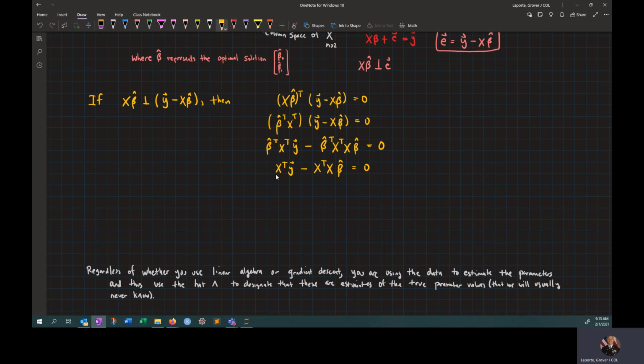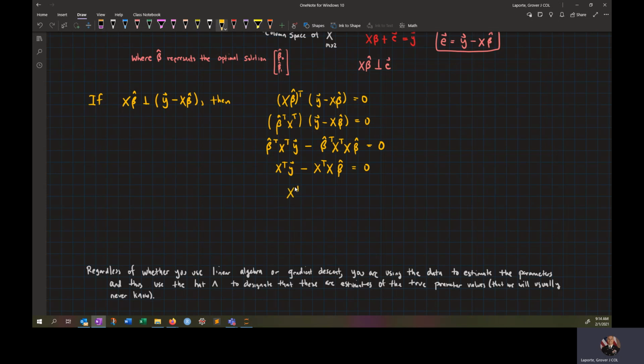And then just solve for what we're solving for. So I'm solving for beta hat, right? So we're going to get rid of that. Let's see, x transpose y is equal to... Oh, I'm going to put the thing that I'm solving for on the left-hand side. So I'm going to take it over, but I'm going to flip the sides.